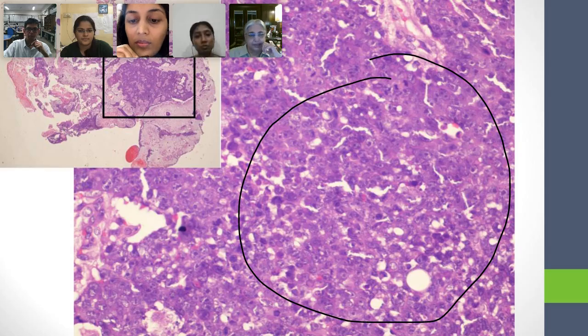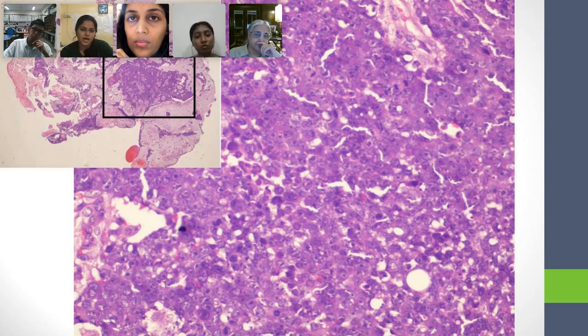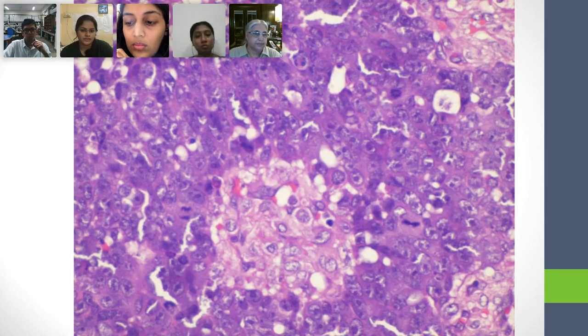This is a hypercellular area showing cells with enlarged nuclei, moderate eosinophilic cytoplasm, and prominent nucleoli, with atypical mitotic figures and nuclear pleomorphism. Right. Can you see any mitotic figures? Yes, ma'am. Two mitotic figures.